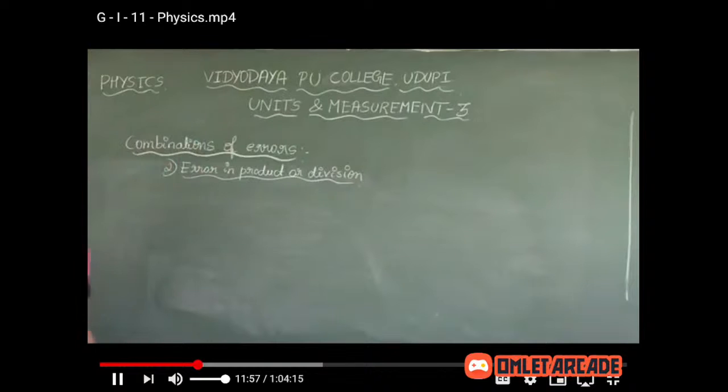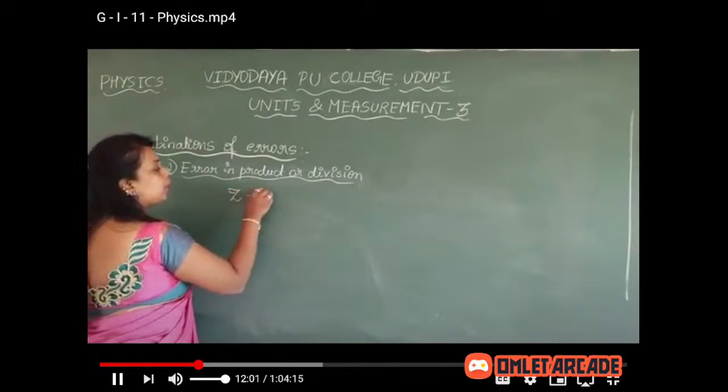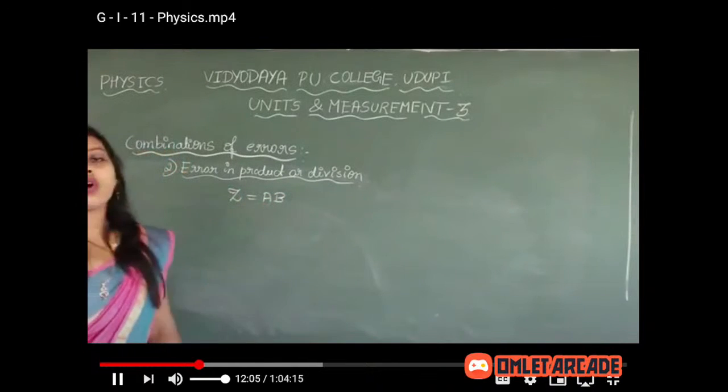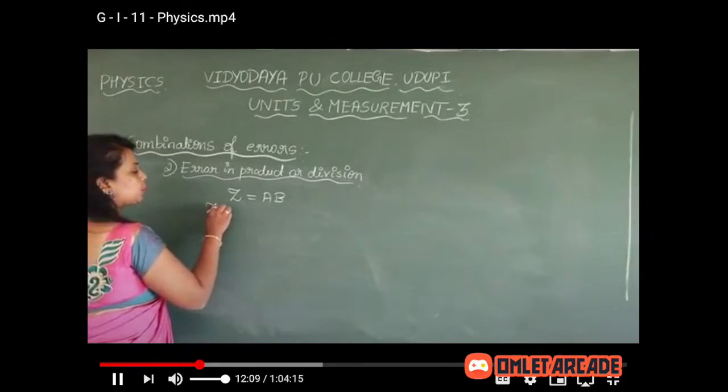Now, error in product or division. So the product is Z is equal to A into B, right? The multiplication of the two physical quantities. Now, what expression do we get?